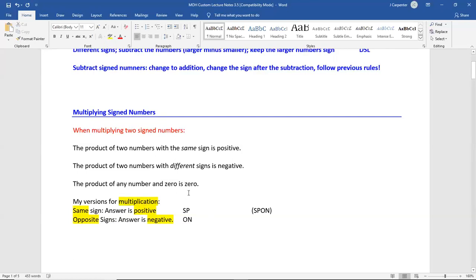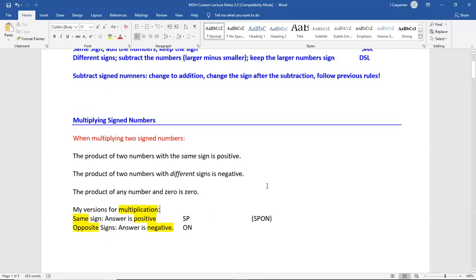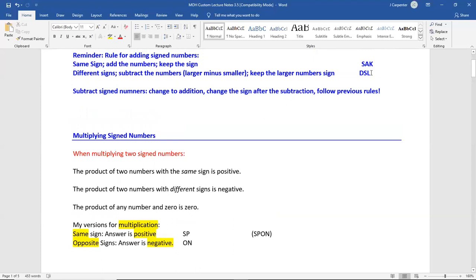And again, spoilers, it is also for division. So later you're going to see me just kind of copy paste this. All right, so SPON, S-P-O-N, not S-P-A-W-N. Same, positive, opposite, negative.